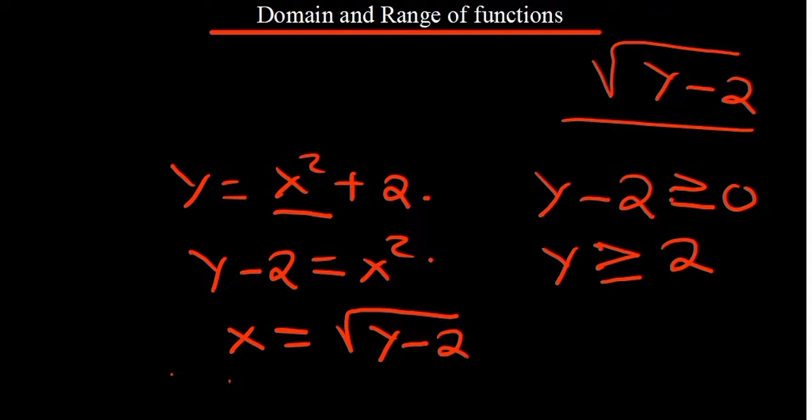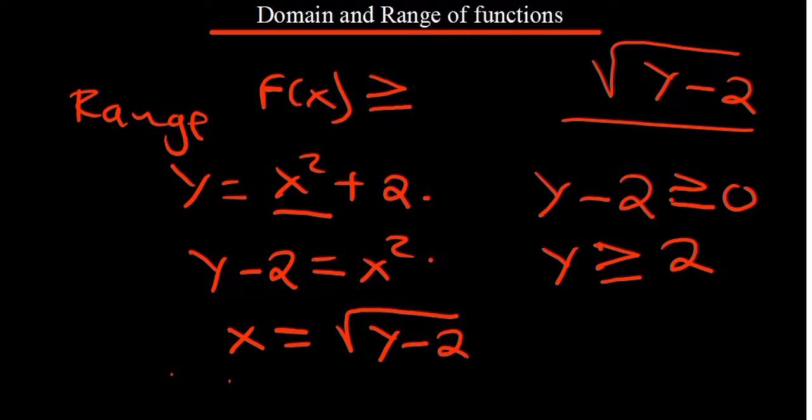You can say your range of that function is, where there is y, you put the function itself. We expect that all the values you are going to have inside that function are supposed to be greater than or equal to 2.